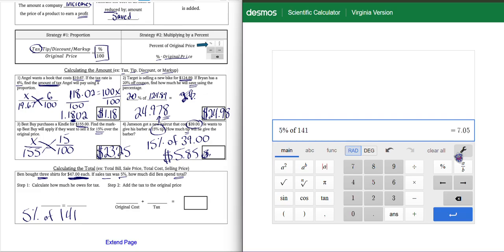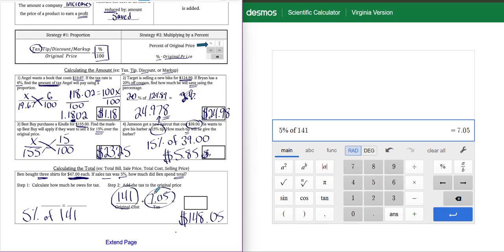So that's $7.05. That's the amount of tax. 141 was the original price. We add those together, and our final price is $148.05. So he has to pay for the 3 shirts plus the tax. That's our total price.